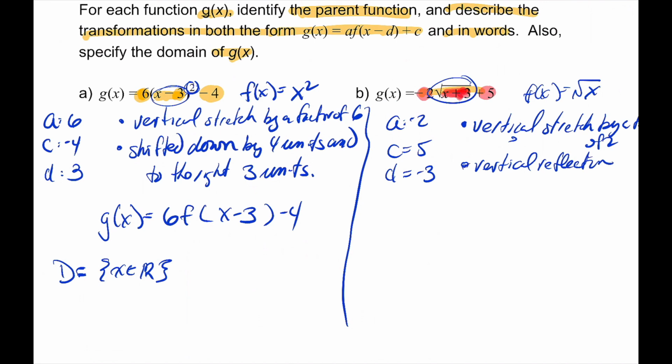And then we'll look at our shifts. So this one is shifted up, since c is positive, by 5 units. And since D is negative, and to the left 3 units. So there it is in the transformation.